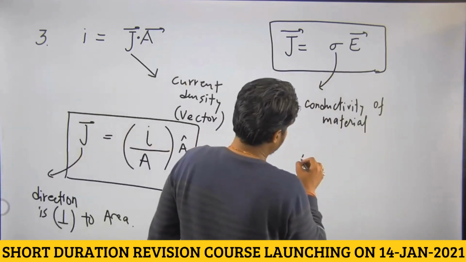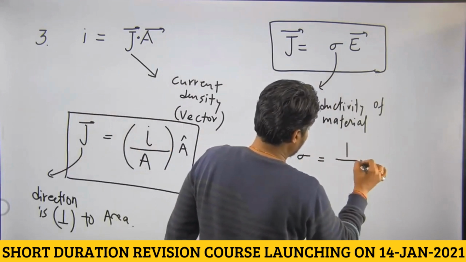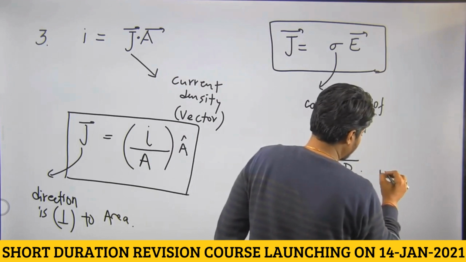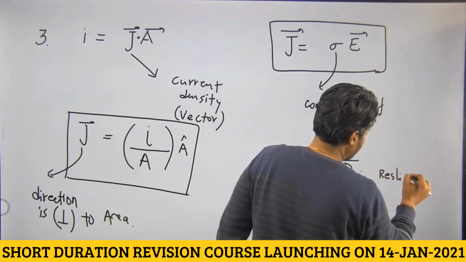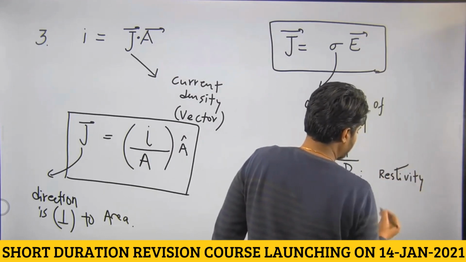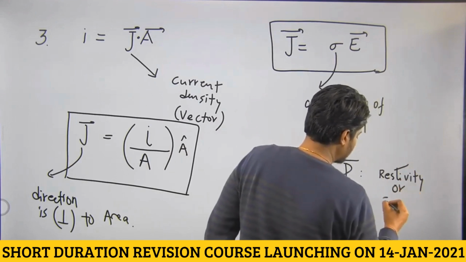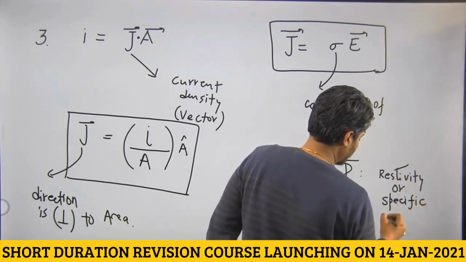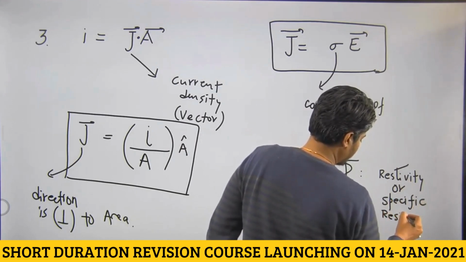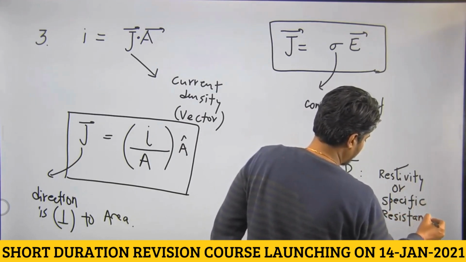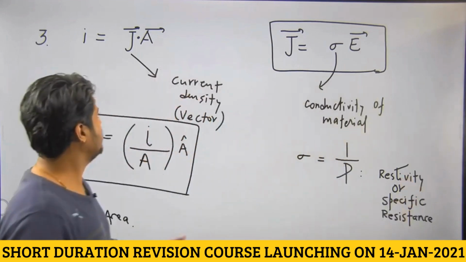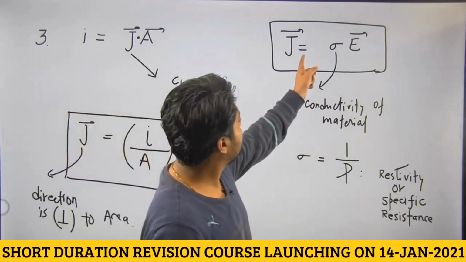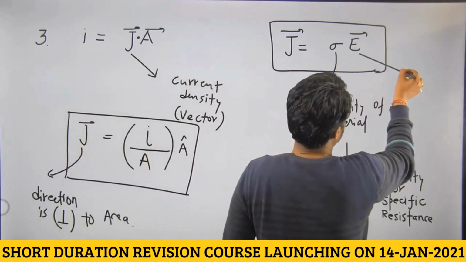We can also write this conductivity as 1 upon resistivity, which is sometimes also called specific resistance. So very simple, this is the third expression of current in terms of current density, and current density can be related with E, where E is the electric field.